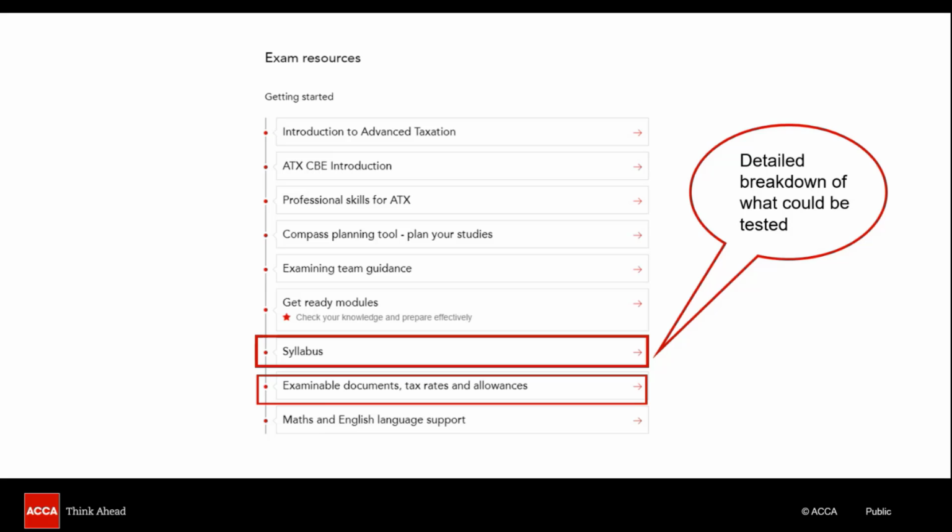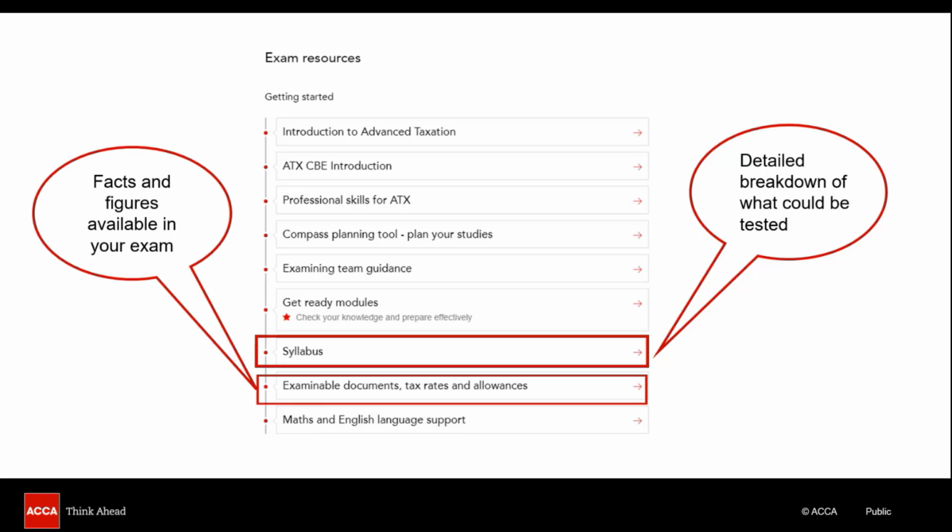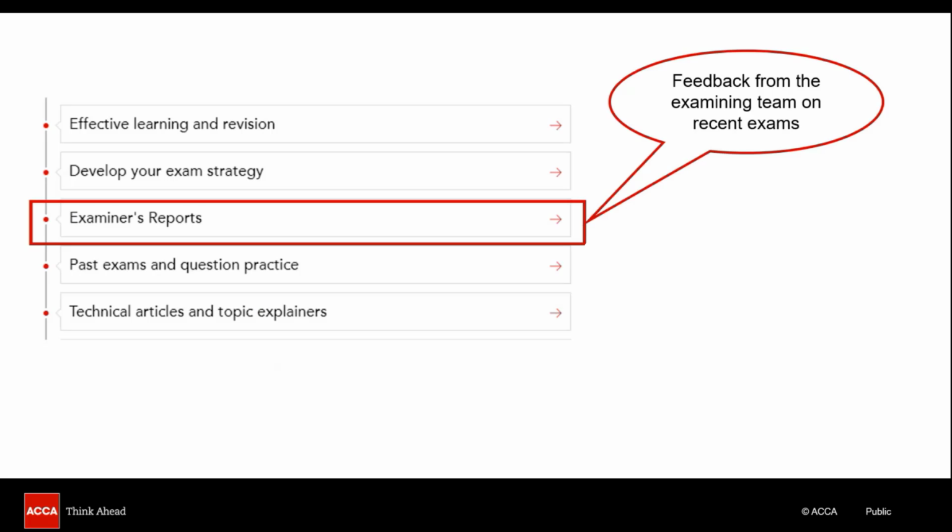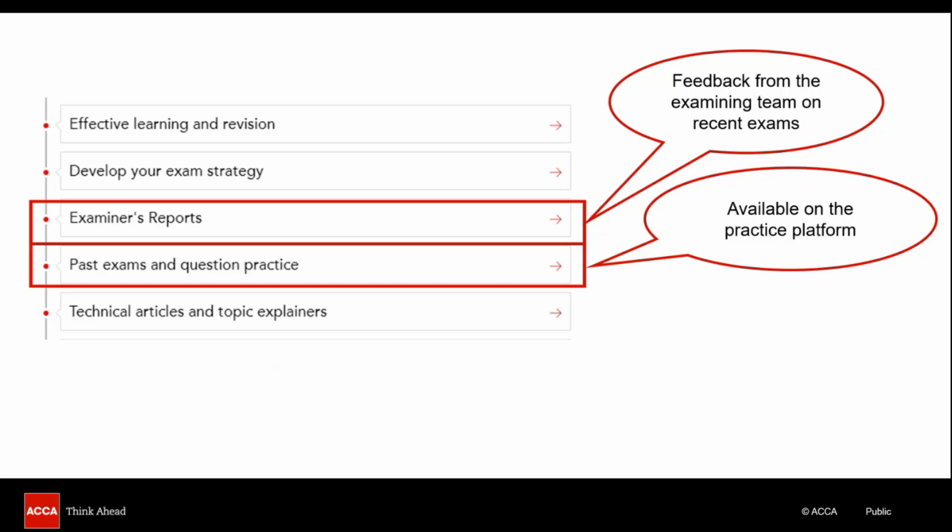Ensure you become familiar with this document and use it during your studies, so you know which facts and figures you can look up during your exam. Further down on the same page, you'll find copies of recent examiners' reports with feedback on exam sessions and advice on how to approach specific topics. You can also access past exam content via the ACCA Practice platform.